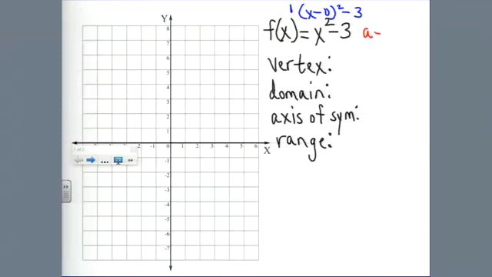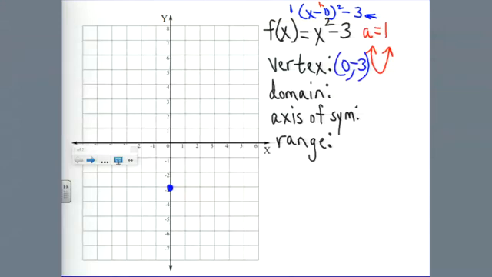Now because a is positive, that means our parabola will be a regular shaped cup, opening upward. The vertex is h, which in this case is 0, and k is just the number outside the parentheses, including its sign, so that would be negative 3. So there's our vertex.